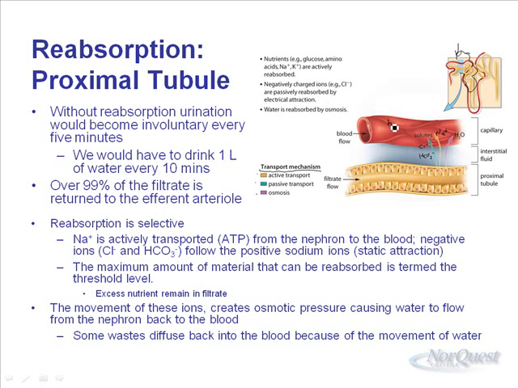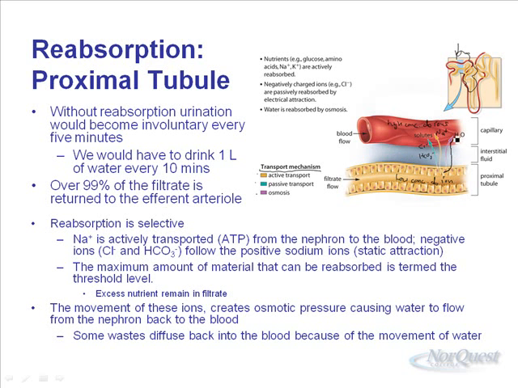Water is going to follow because we're going to end up with a high concentration of ions in our blood because they're being actively transported in. So the filtrate is going to end up with a low concentration of ions. And so here we have a concentration gradient.